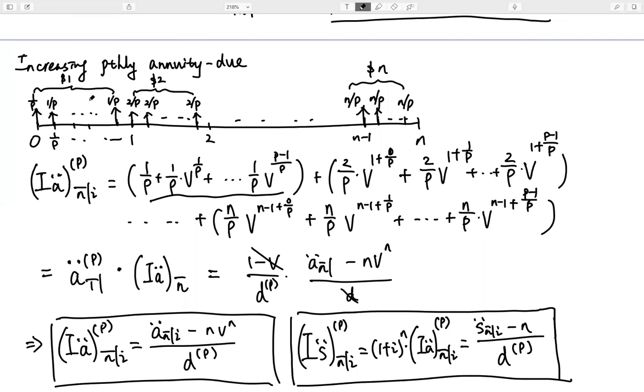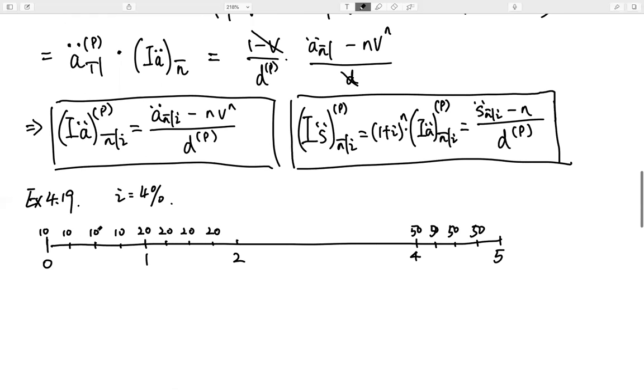The difference is in the standard setup, I get $1 in the first year. Here I get actually $40 in the first year. So I will factor out this 40. Then I can use the notation I just introduced, that is IA double dot. It's quarterly payment, so P is 4.